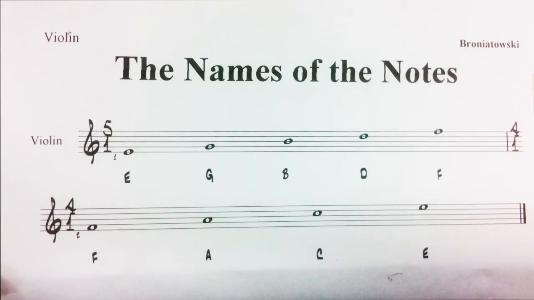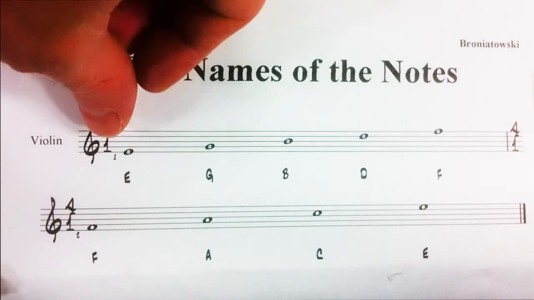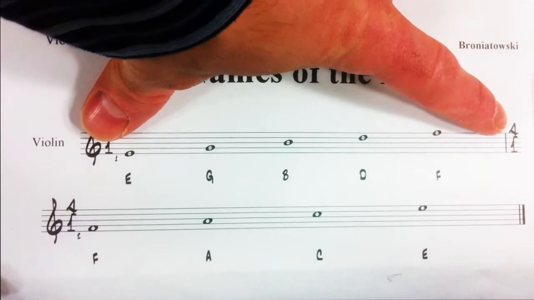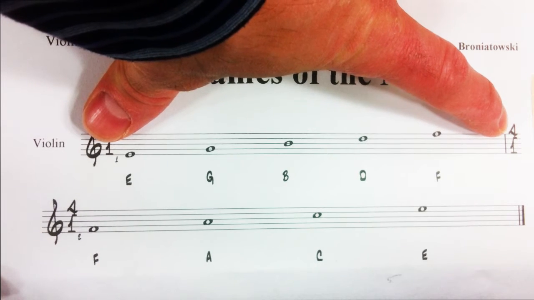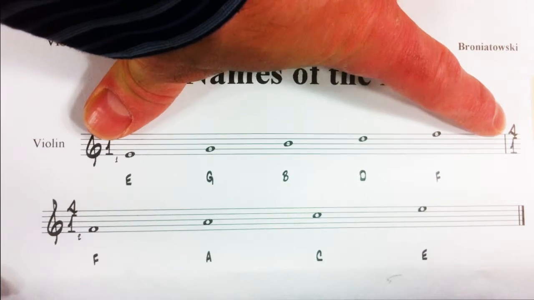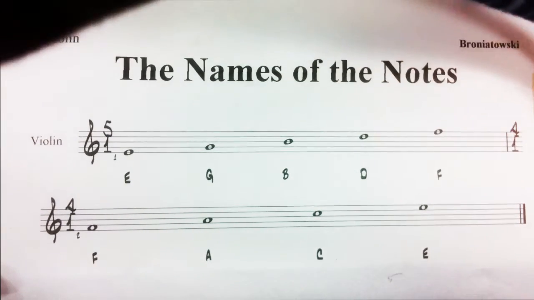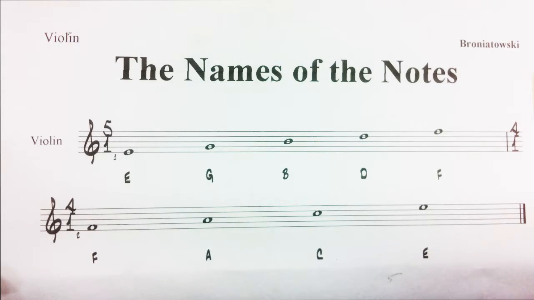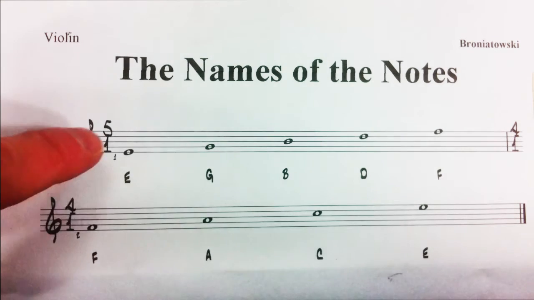It tells us how many beats are in a measure, that is the distance from the beginning to the bar line, or in some cases when you have other bars in a line, from one bar line to another bar line. So it tells us how many beats are in a measure, and it also tells us which kind of note gets the beat. So I'm going to explain what that means in this context.